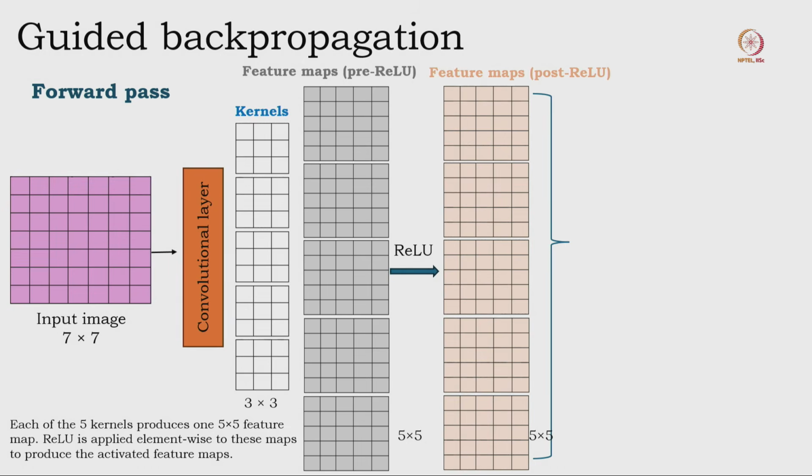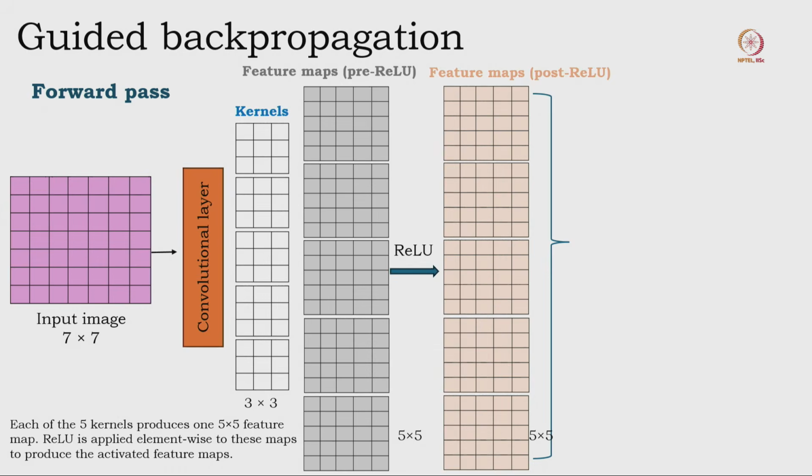With this, let us now see the complete working mechanism. We have one input image of size 7 cross 7, with intentionally very low dimensions just for understanding, that is passed to a convolutional layer. Here again, for understanding, I am taking only one convolutional layer. Let us see moving forward how it works for multiple.